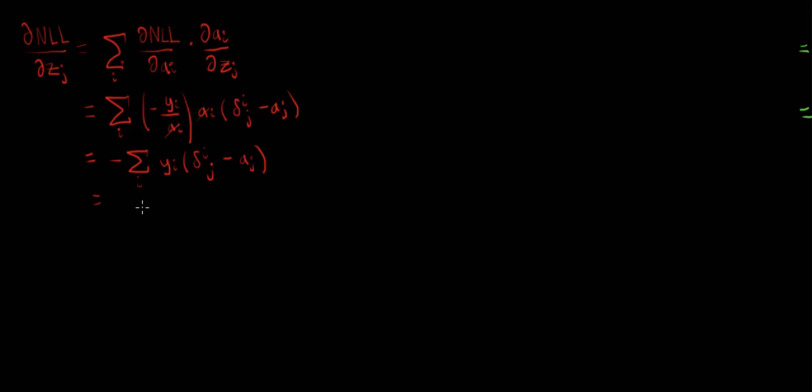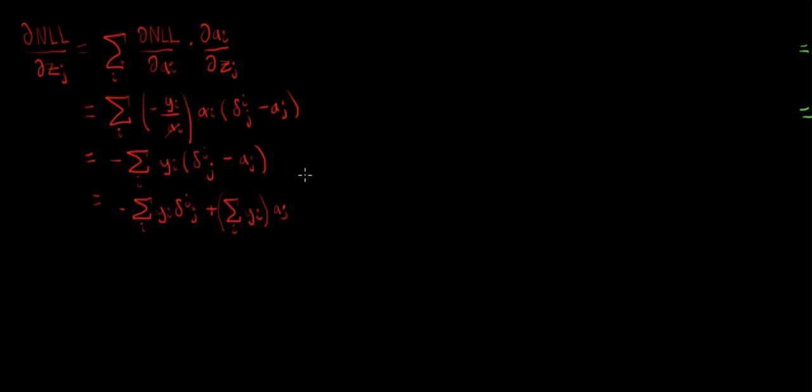So we can write this as negative sum over I of yi delta ij, and then plus sum over I of yi, and then we multiply by aj, but notice that aj does not depend on I, so we can factor it out of this sum. So we have aj.